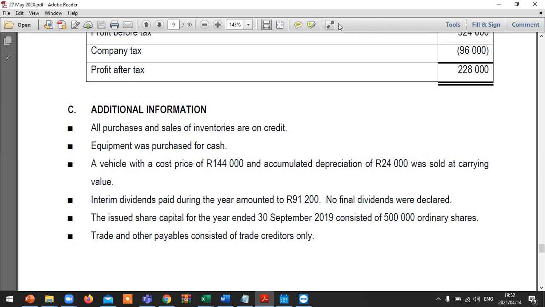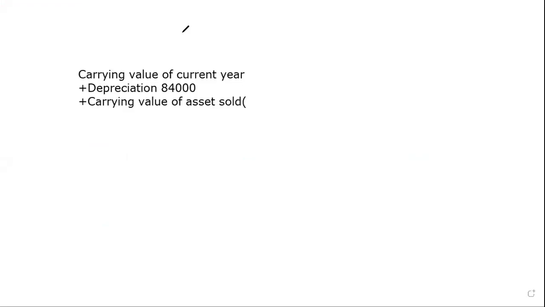Now let's show that on our whiteboard. 144 minus 24 is 120. 144,000 minus 24,000 should give us 120,000.